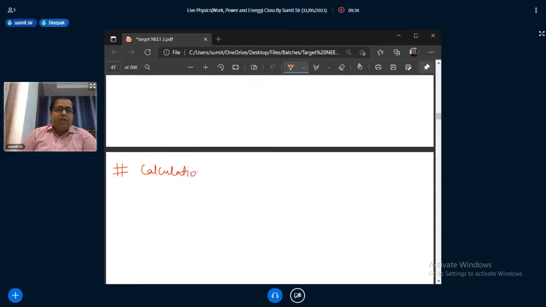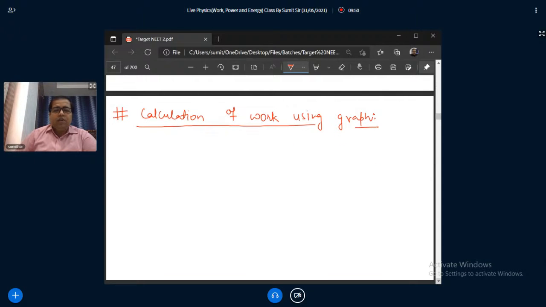We now study the calculation of work using a graph. We know the work done is calculated as the integration of F dx.